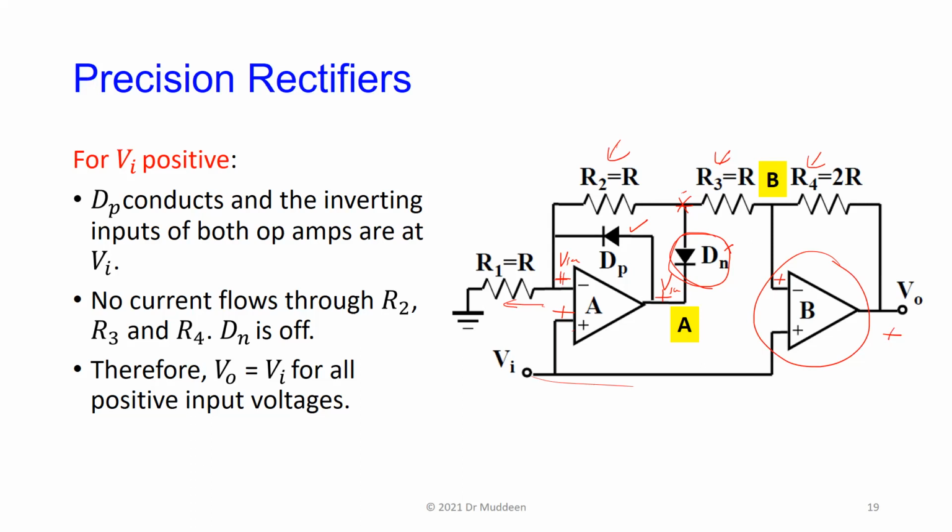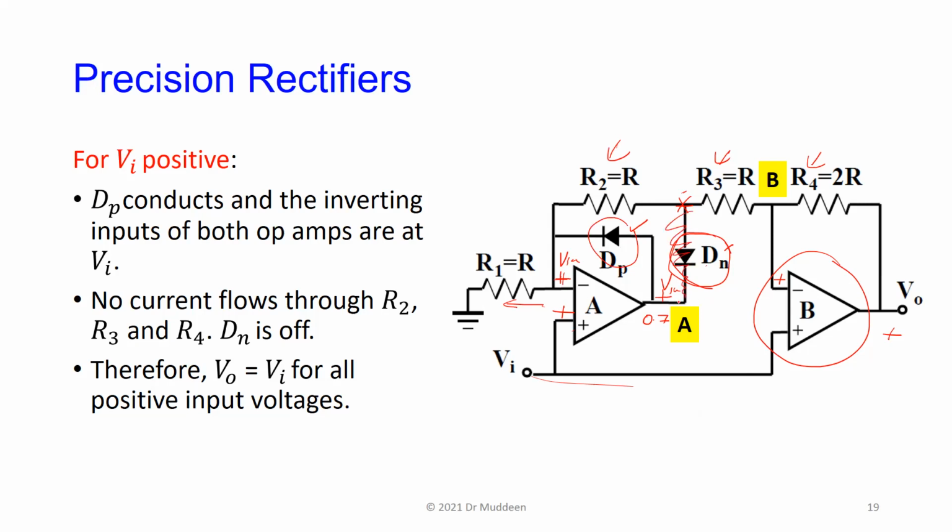Dn is out, so we have no connection between the output of the op-amp and these resistors. Electronically, if you were to model it, to keep DP on, here would actually be about 0.7, so it's biasing this on. Dn is off, so this bit is out of the circuit.